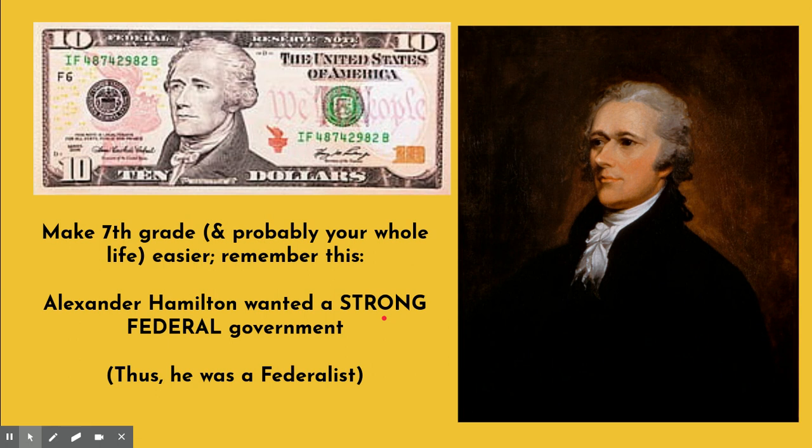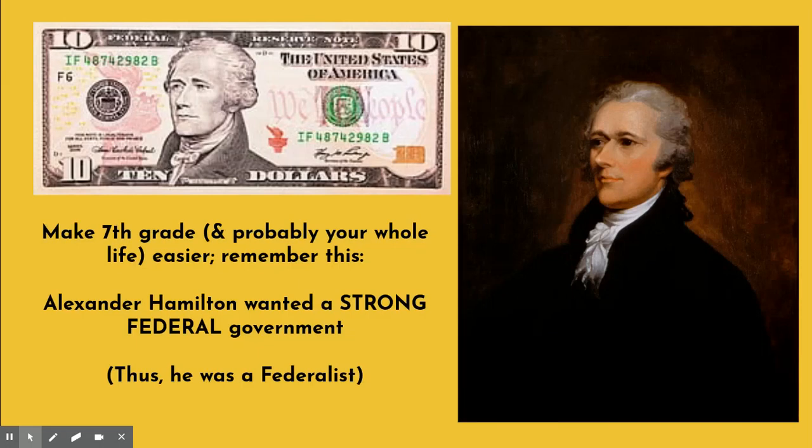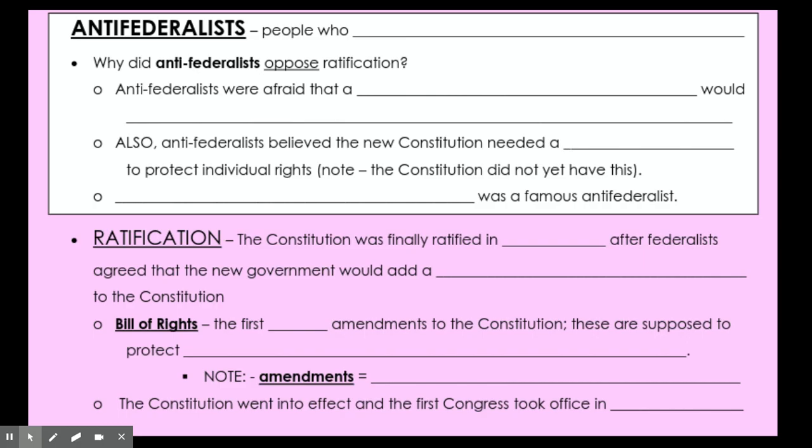That's what he wants. That's why he is considered a Federalist. Remembering that fact will make your life easier, I promise you, because it will make 7th grade easier, etc., etc. Okay. I will give you an imaginary $10 bill to remember that.